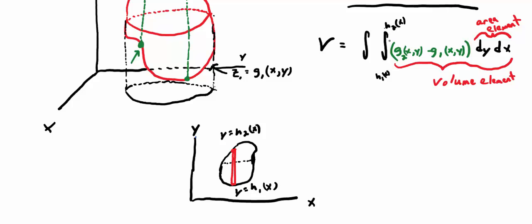We could always flip the rectangle on its side and change it to dx dy, and then you'd have x in terms of y. Hopefully you can do that if you have a nice enough region, a type 1 region or type 2 region.